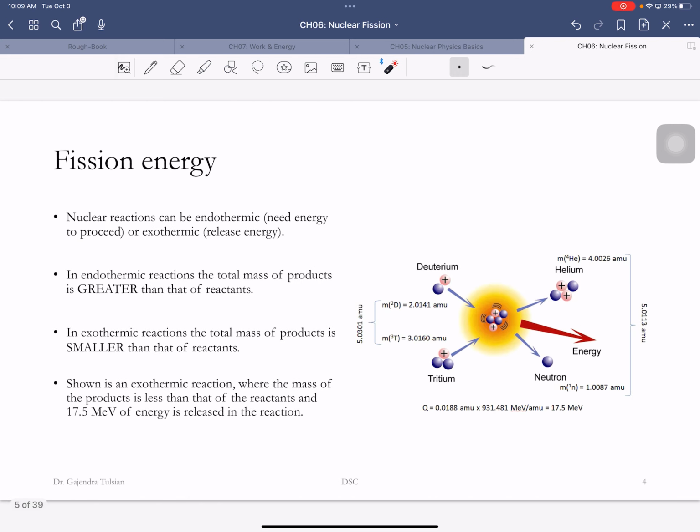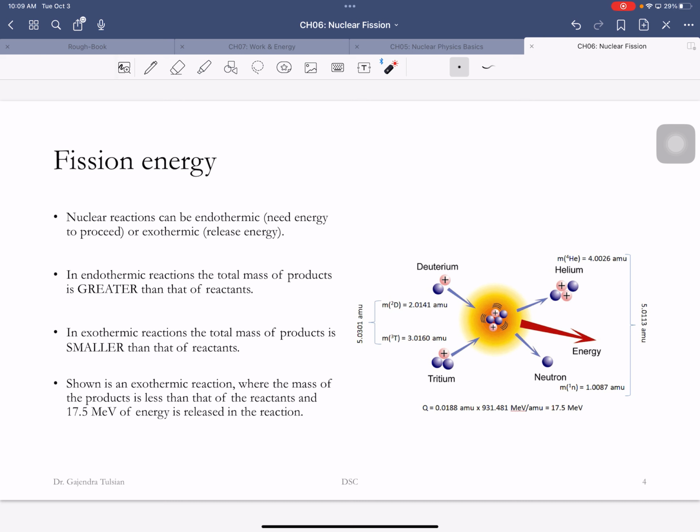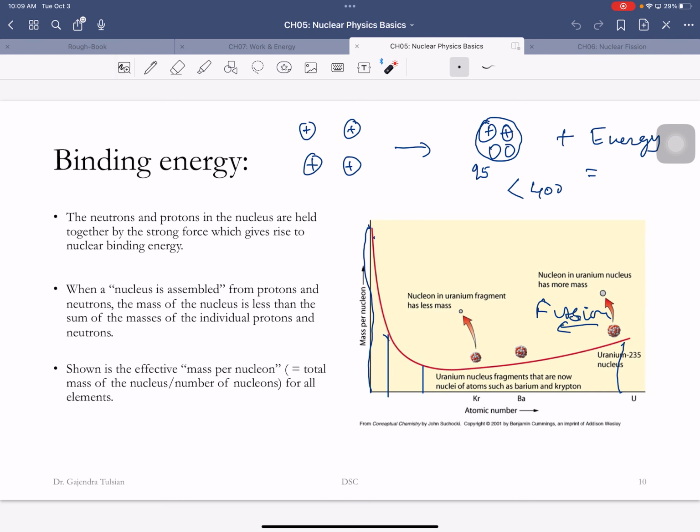So fission energy: you're taking a heavy nucleus and fissioning it into two fragments. The reason you did that was, when you break it up into two pieces, in this smaller nucleus the protons and neutrons are more tightly bound, they weigh less, and that missing mass got converted to energy.